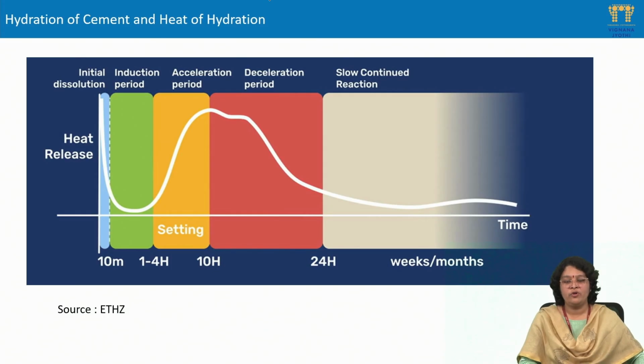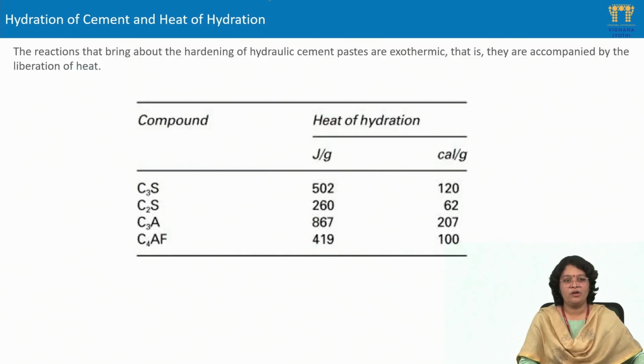And again it proceeds into the deceleration period, where there will be a decrease in the amount of heat liberated from the chemical reaction between the cement and the water. And from there on there will be a steady state increase of the heat liberated from the chemical reaction between the cement and the water. So this is how the 5 stages are depicted in the form of a curve.